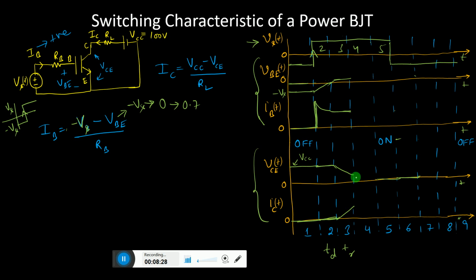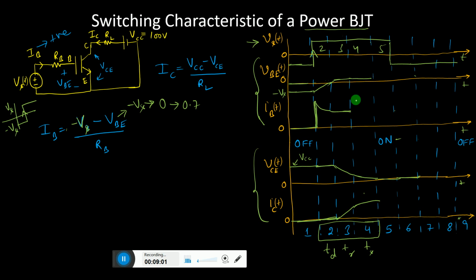And in stage 4, this will settle down completely. IC will attain the total current, which is supposed to be VCC by RL, and VCE will come down to 0. So you have a settling time. And that is why stages 2, 3, 4, this much time, delay time, rise time, settling time, this much time is required to turn on a power BJT.